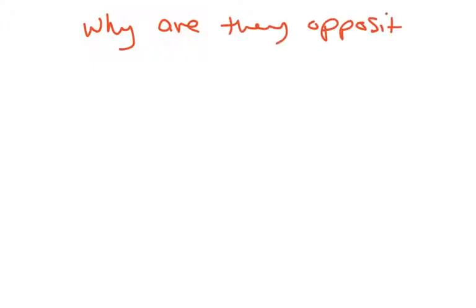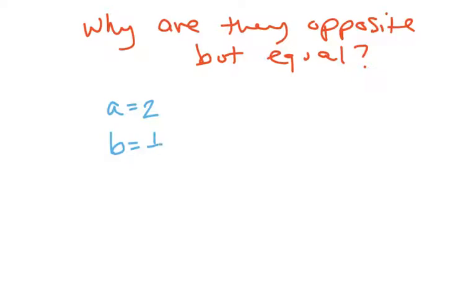Now, just a little show of why they're equal. Let's say that I have an A value of 2, but a B value of 1/2 or something.